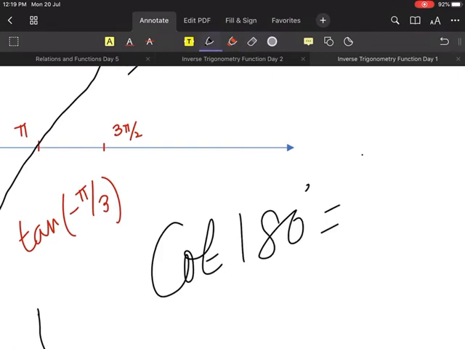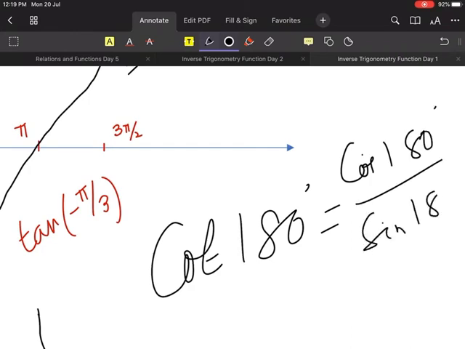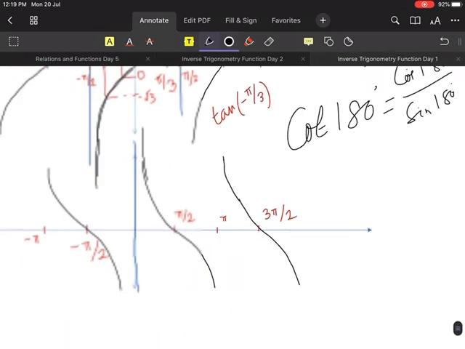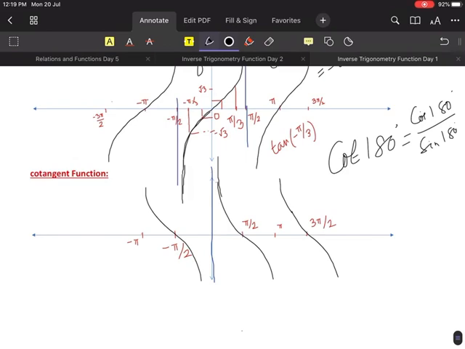It is equal to, sorry, not sine, cos 180 divided by sine 180. I already know sine 180 is 0. So 1 by 0 means what? Sorry, this one is minus 1. Minus 1 by 0 is undefined.